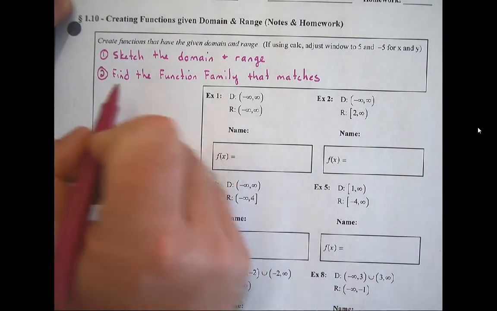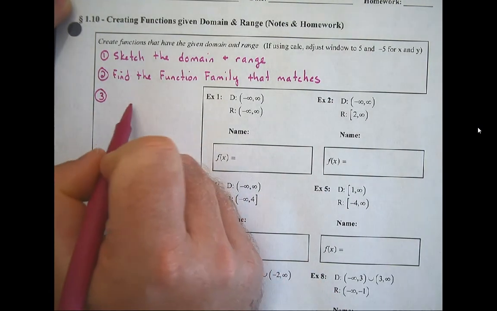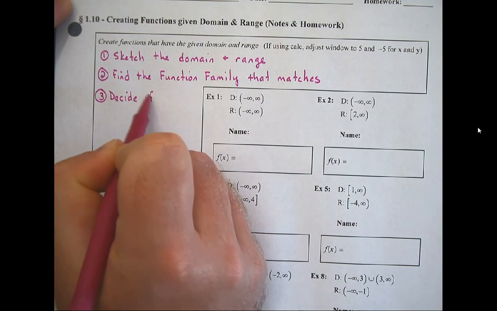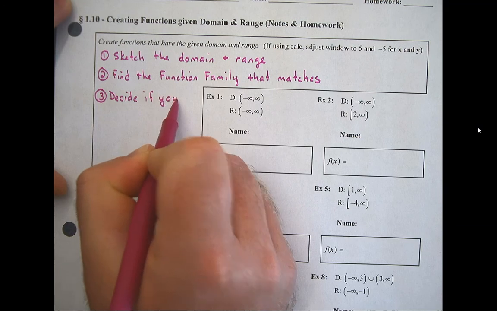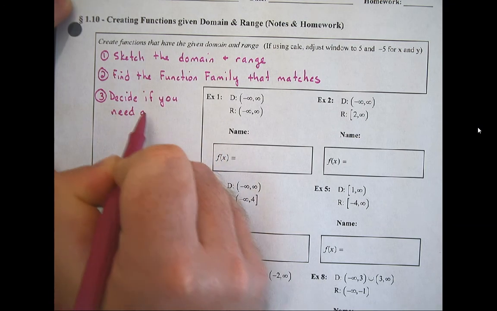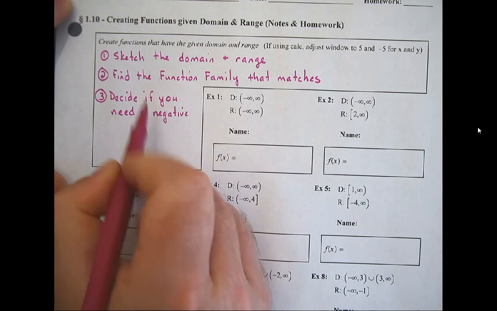Then number three, once you figure out your function family, decide if you need a negative. In other words, does your graph reflect?